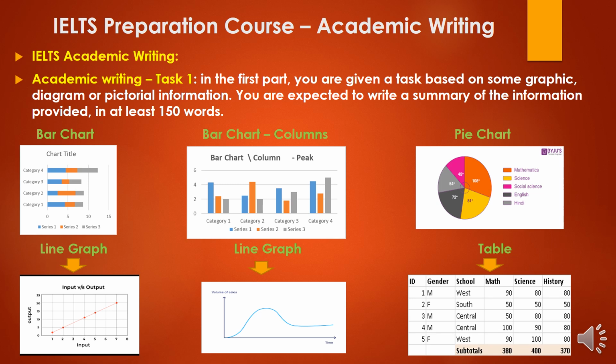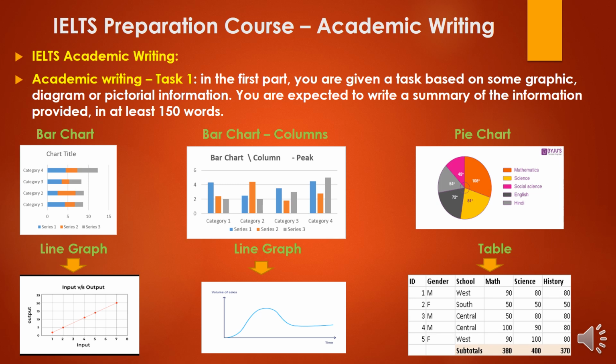Moving on to IELTS Academic Writing Task 1. In the first part, you are given a task based on some graphic, diagram, or pictorial information. You are expected to write a summary of the information provided in at least 150 words.